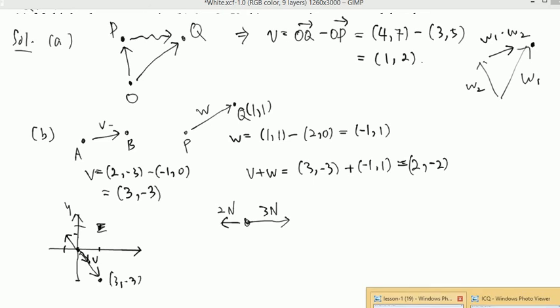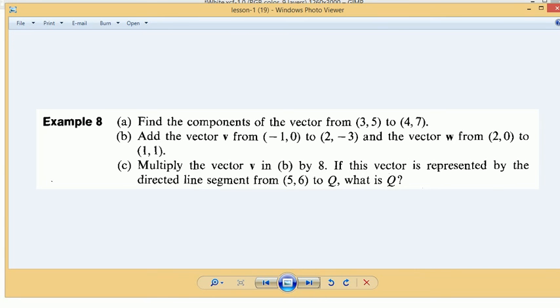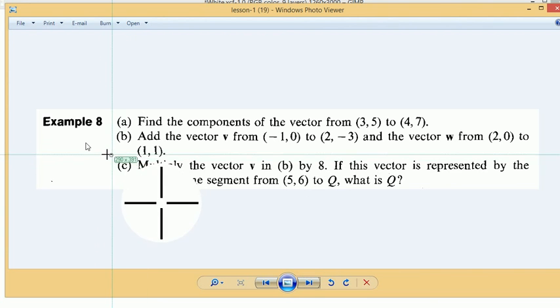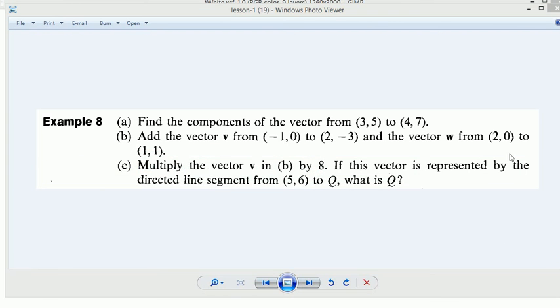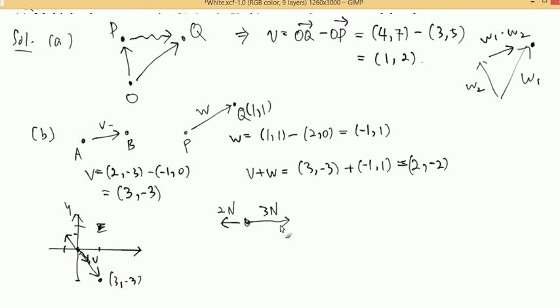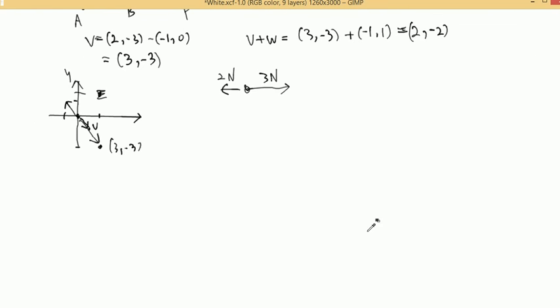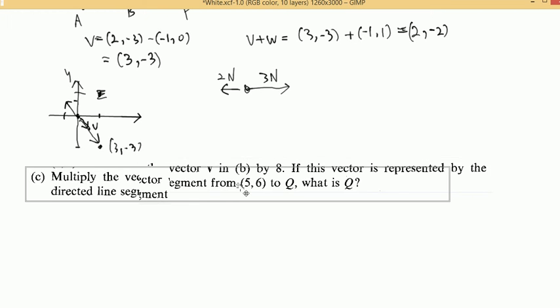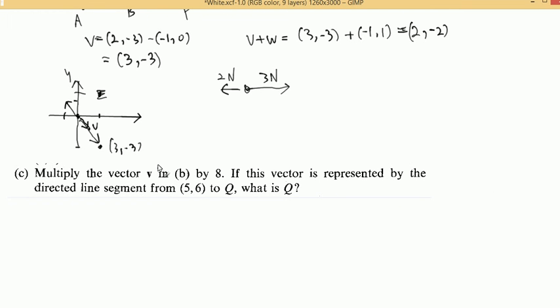What was the third question? Multiply the vector we computed by 8. Let's think about this one. We calculated this vector v to be what components? 3 comma negative 3, right?